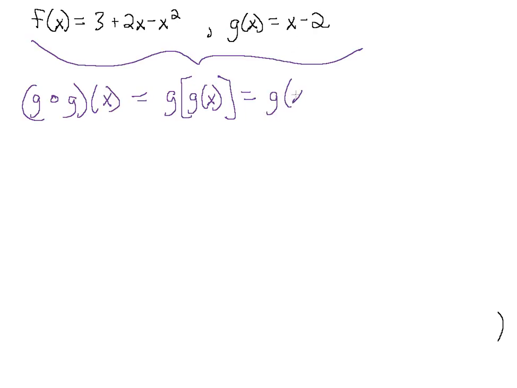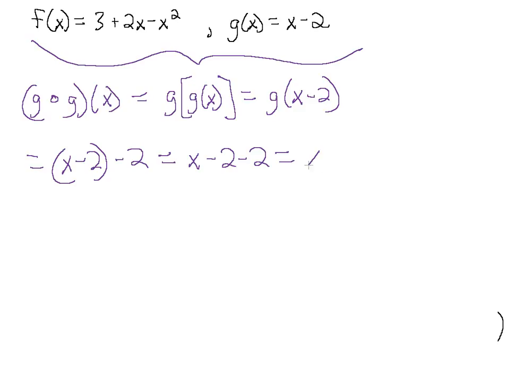So we're looking for g of x minus 2, which is x minus 2, plugging that in for x, and then we just have minus 2. We can drop our parentheses: x minus 2 minus 2, which is the same thing as x minus 4.